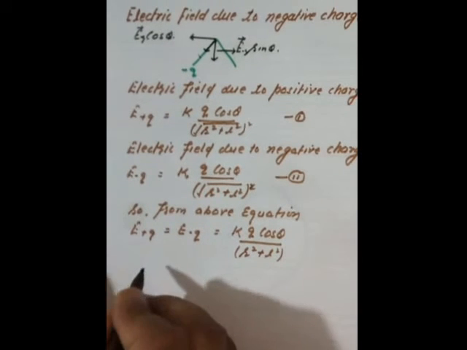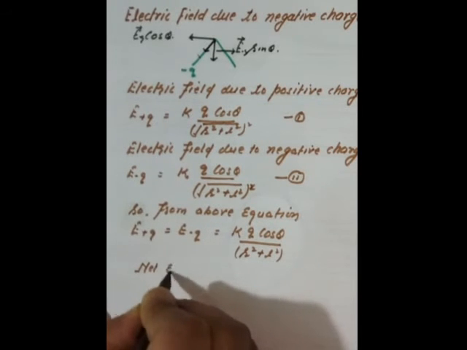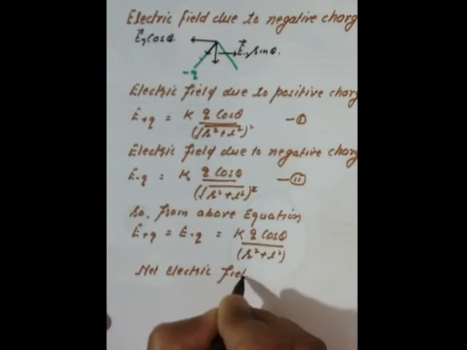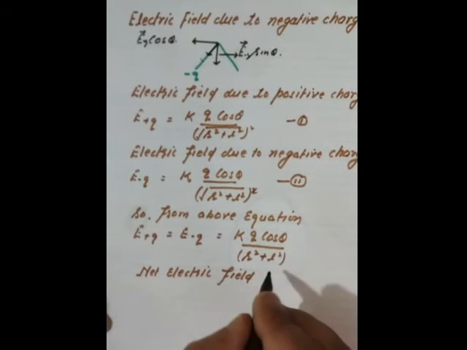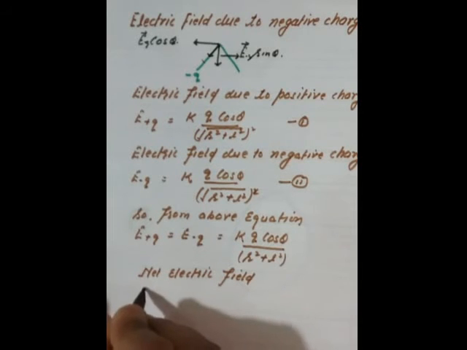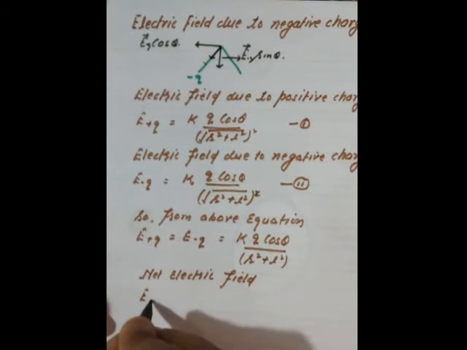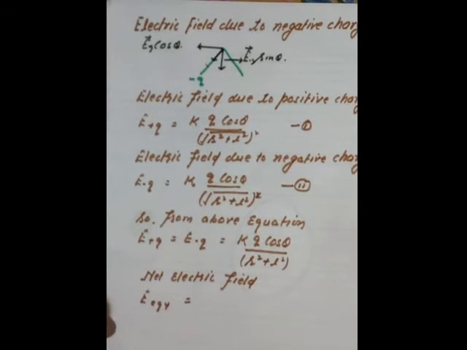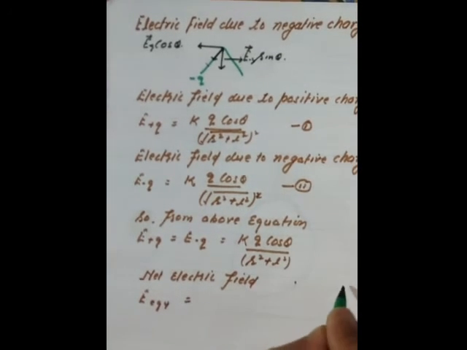Net electric field equals the electric field at equatorial position. From the figure we understand that this is the negative charge and this is the positive charge.